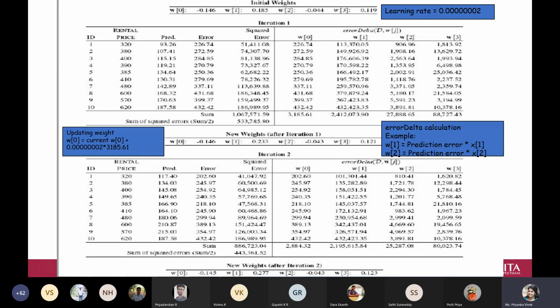What about W3? So all the terms they are approximating to 2 places and the weights we are taking to 3 places. It's okay, 3 or 4 places you can take, not an issue.